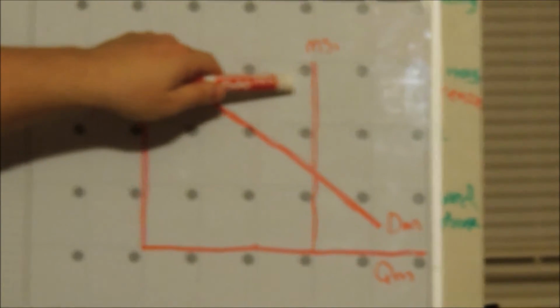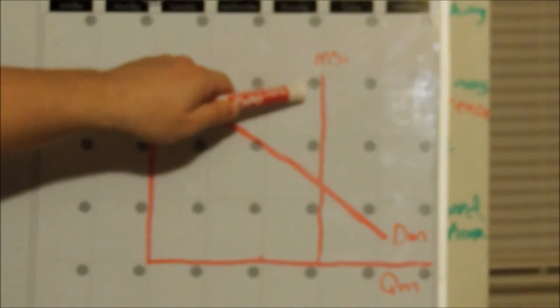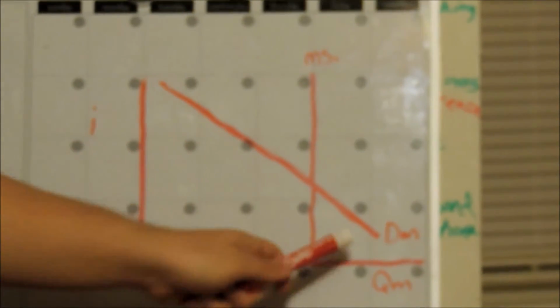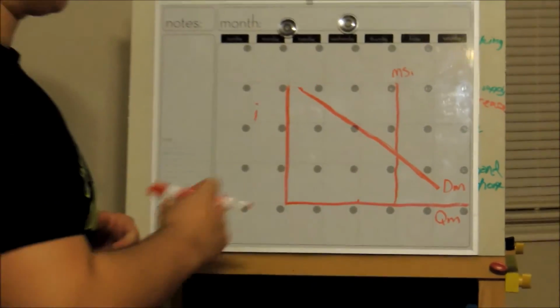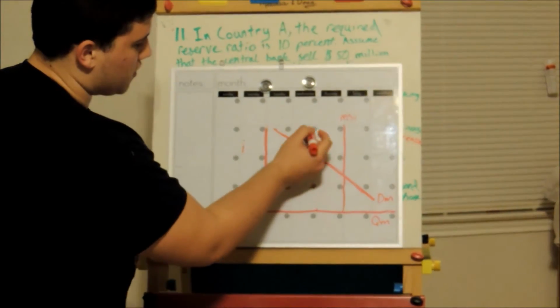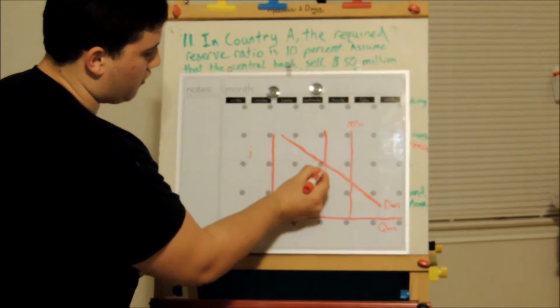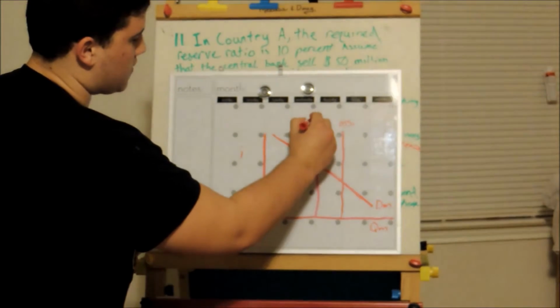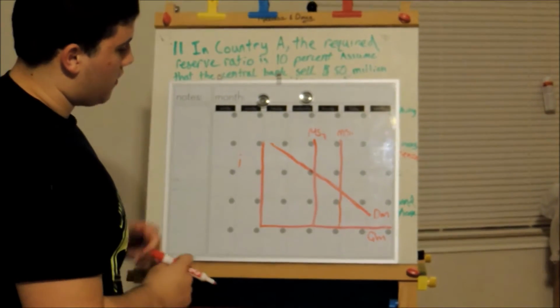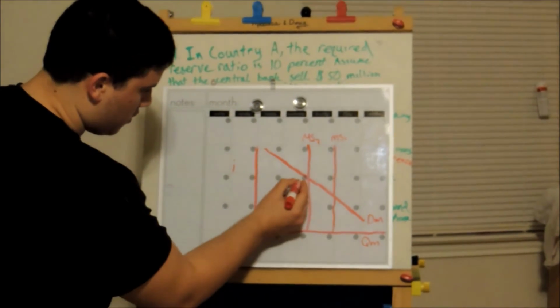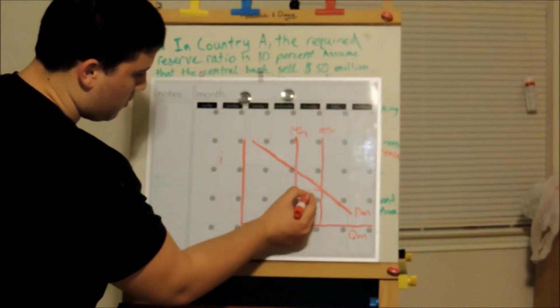So we start out with the money supply, which is right here, and then you have the demand of money. Since the money supply is decreasing, you're going to draw a line right here, and that's MS2.